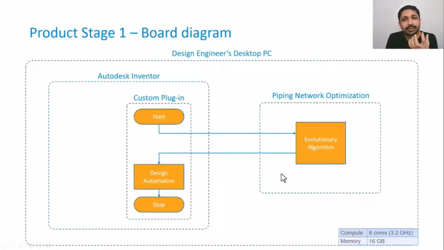And once the finalized design is selected, then this application will use the APIs of Inventor to automatically create the final assembly layout. Okay, so that's how it is going to work. I have also shown the type of compute resource and memory it needs to run this application successfully. Right.